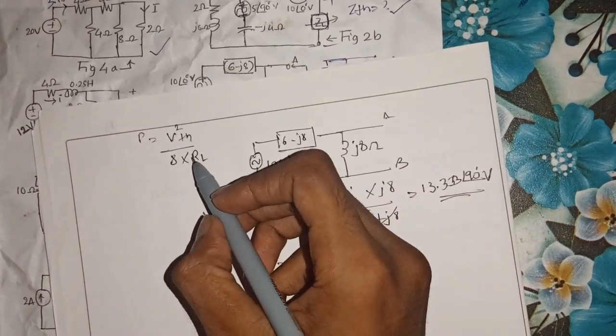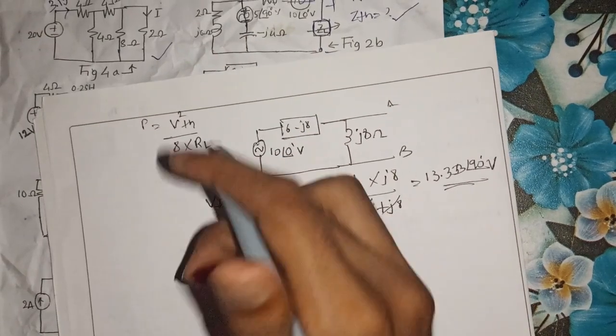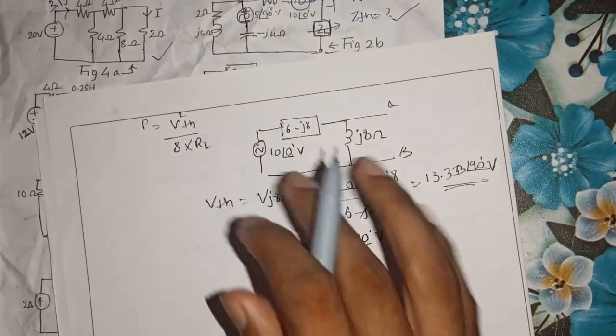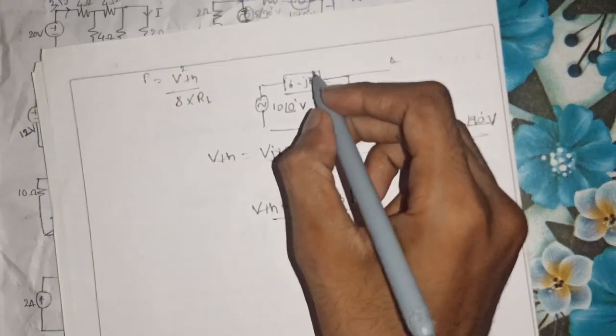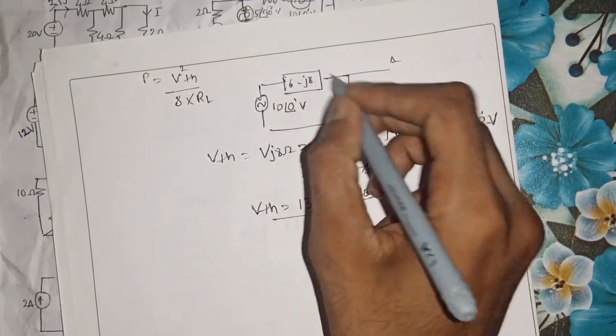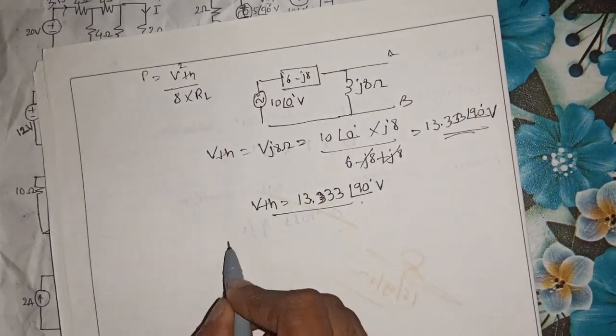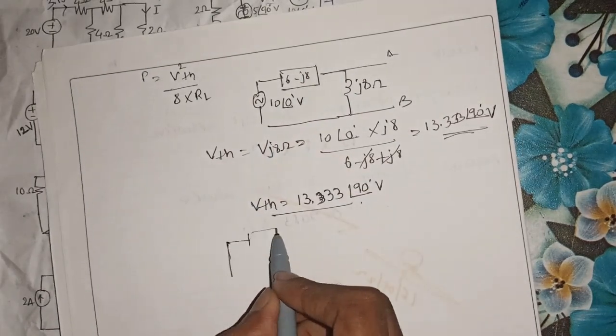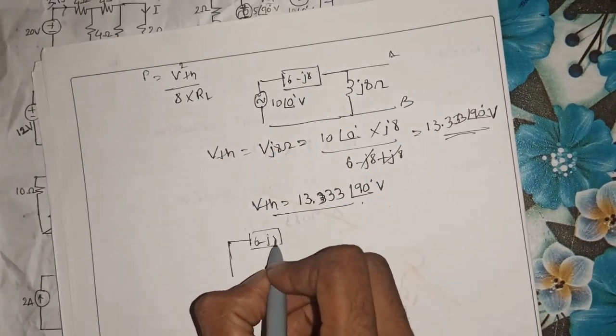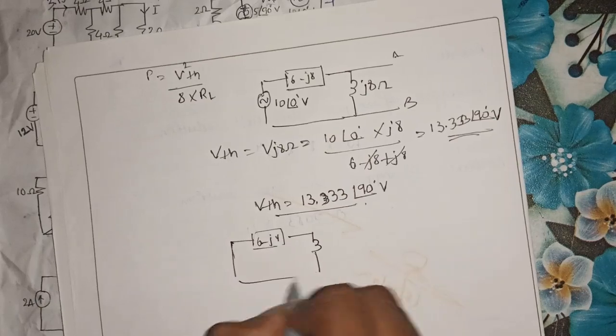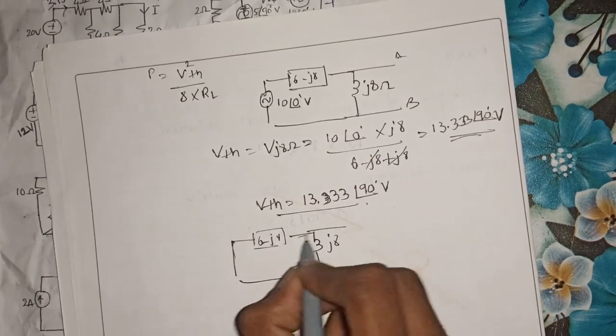Next we have to calculate the value of load resistance RL. To calculate RL, we should know the net impedance of the given circuit, which is obtained by short circuiting your voltage source. When you short circuit your voltage source, the branch is reduced as follows.